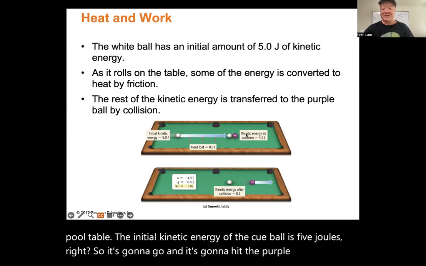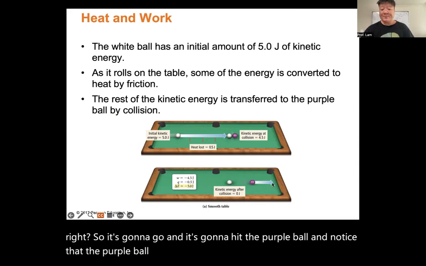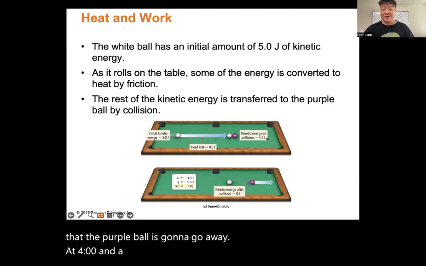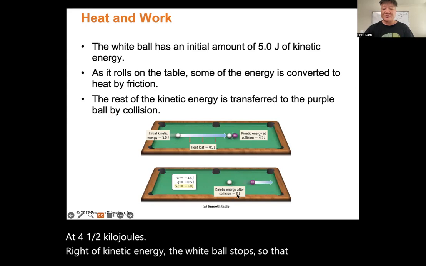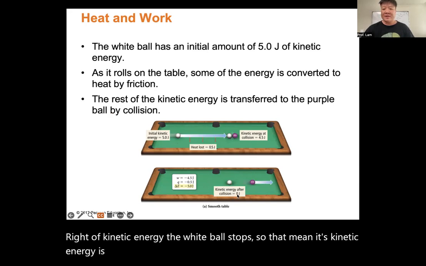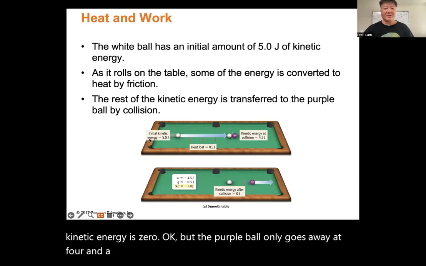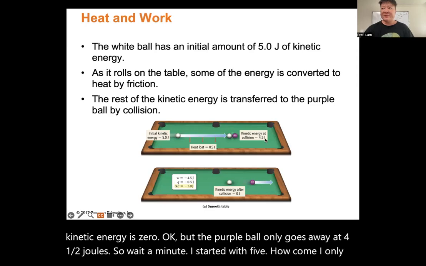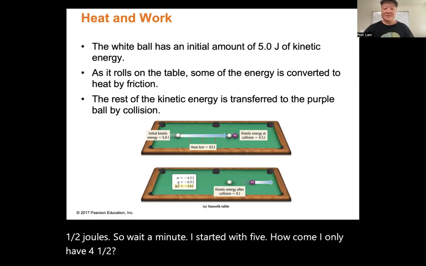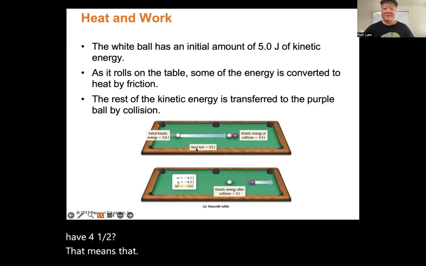And notice that the purple ball is going to go away at 4.5 joules of kinetic energy. The white ball stops, so its kinetic energy is 0. But the purple ball only goes away at 4.5 joules. Well, wait a minute. I started with 5. How come I only have 4.5? That means that half a joule was lost through heat.